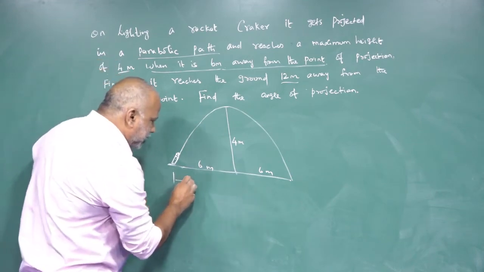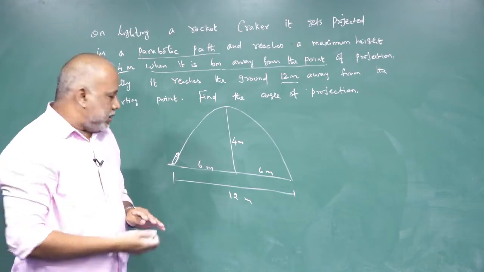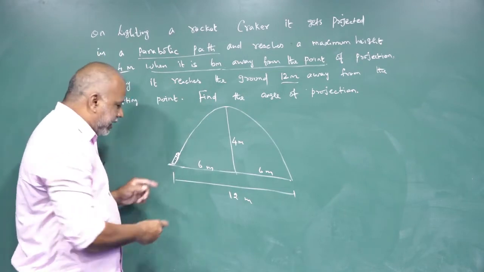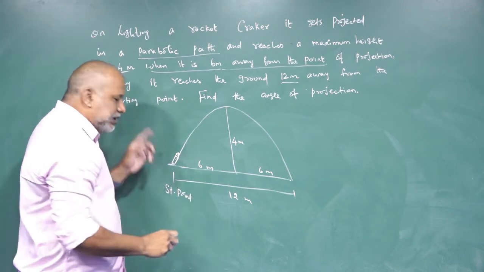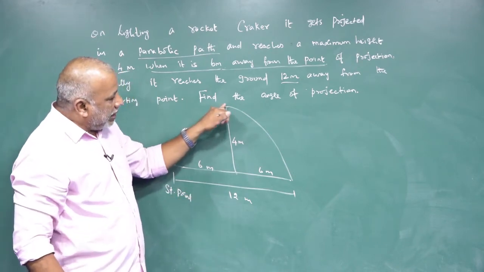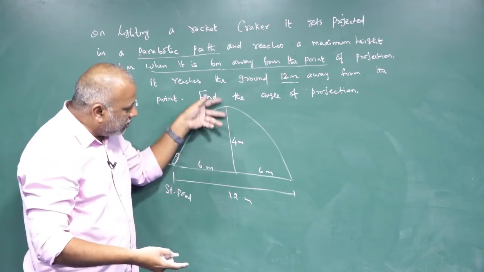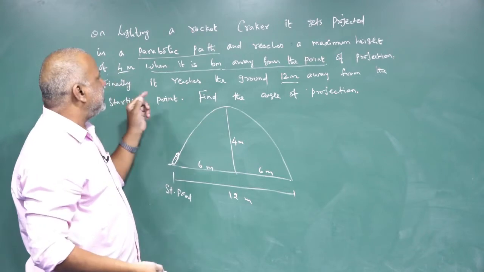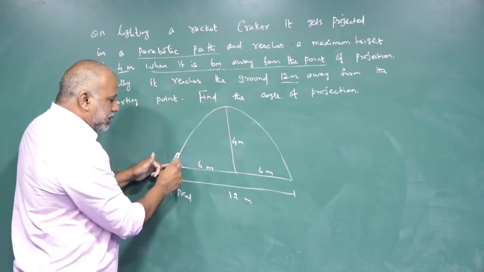So the total distance from here is 12 meter. This is the concept. This is the starting point, at the point of projection, from where the rocket goes up and reaches the maximum height. The maximum height is 4 meter when it is 6 meter away from the starting point.